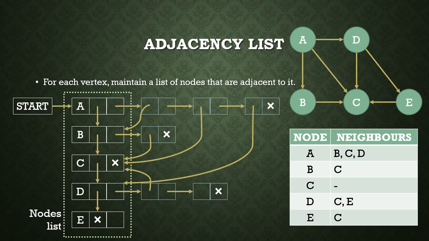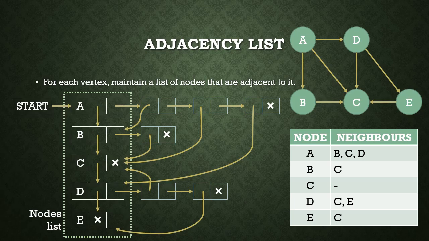Now, the first field of the second data structure points to E because this is an edge from D to E. And the next field of the second data structure is none because D has only two edges.